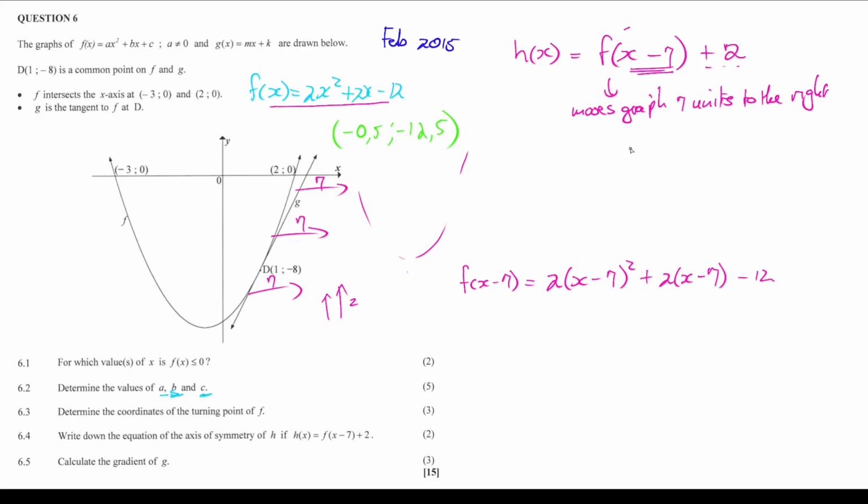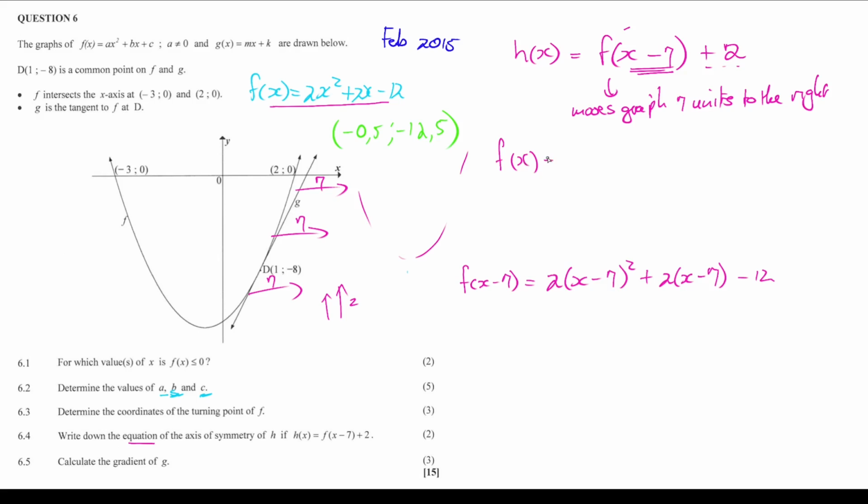Okay, so they're asking us for the equation of the axis of symmetry of h, if h is f of x, but we've moved it around a little bit. Now, f of x has an axis of symmetry at the turning point that we had.